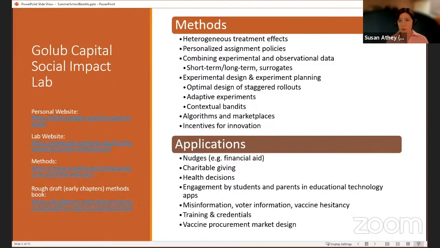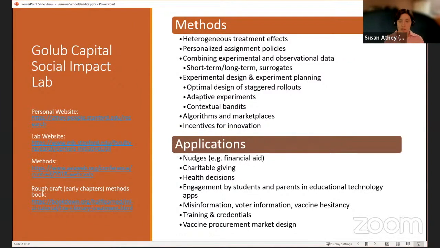And so that's some motivation for all of this work. Some of the applications I've been working on include nudges. With Jan, we've been working on nudging people to take financial aid. Charitable giving: I have large experiments running where you're trying to get people to give at checkout.